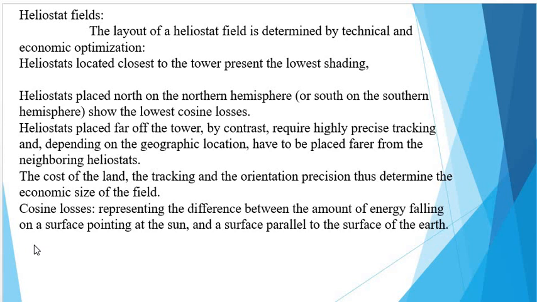The cost of the land, tracking and orientation determine the economic size of the field. Cosine losses represent the difference between the amount of energy falling on a surface pointing at the sun and a surface parallel to the surface of the earth.